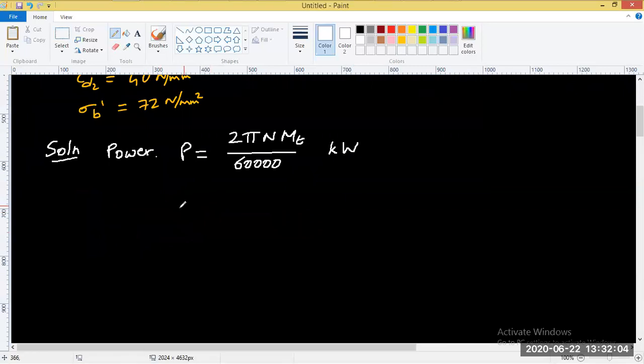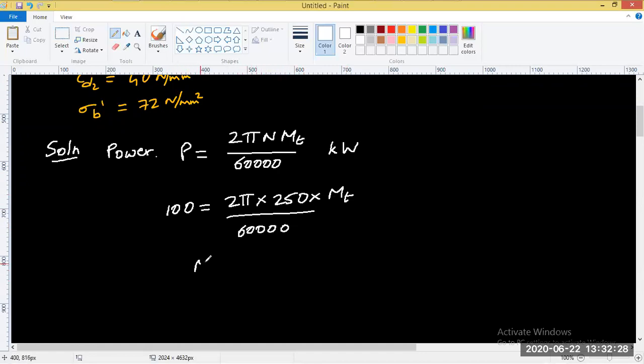Now let's substitute everything else. Power is 100 equals 2 pi into RPM, which was 250, into torque MT, divided by 60,000. With this we'll get the torque in Newton meters.